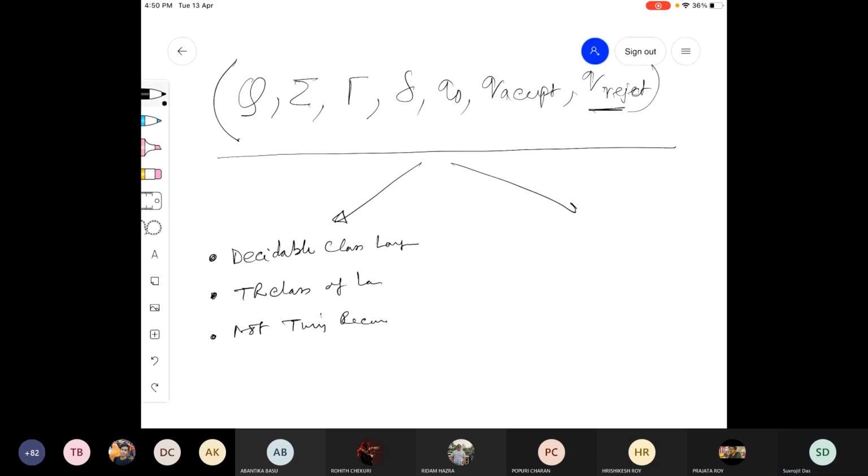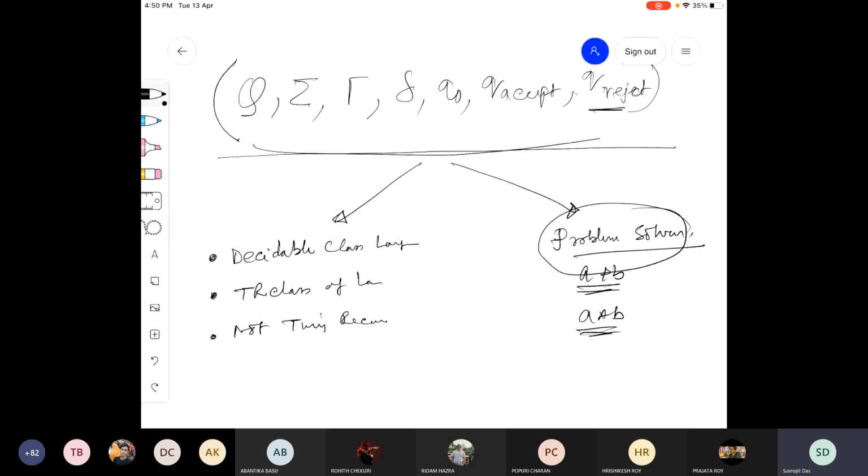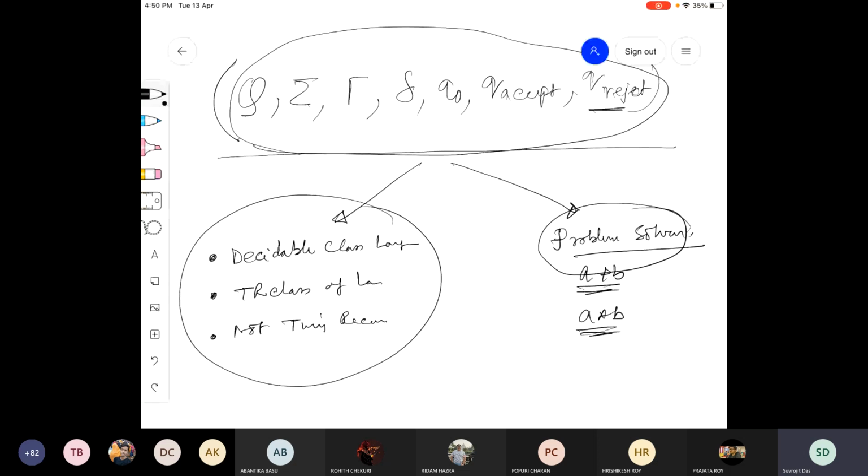And also, I want to show you Turing machines as problem solvers. So it can, for example, solve problems. For example, it can compute a plus b, right? It can compute A star B. So Turing machine as a computable model. Here, Turing machine as a decider or a recognizer of a class of languages.